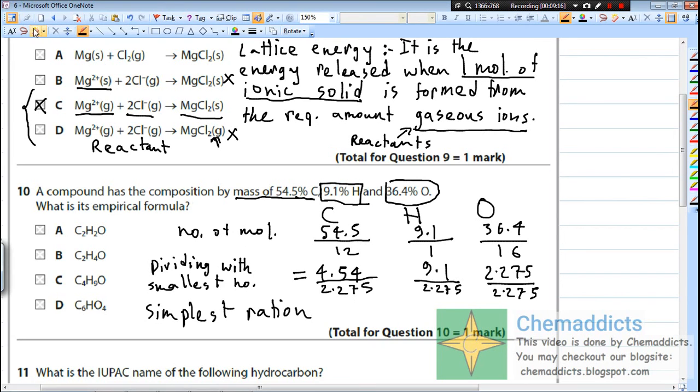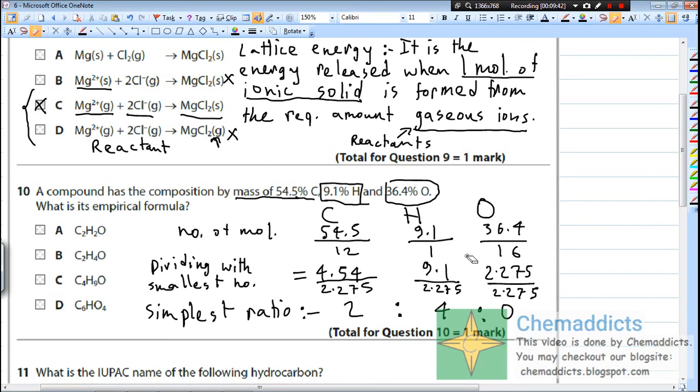So here the simplest ratio would be, sorry, I have written ration, another new word we have invented. This should be simplest ratio. The ratio for carbon is 2, then hydrogen would be 4 and oxygen should be 1.